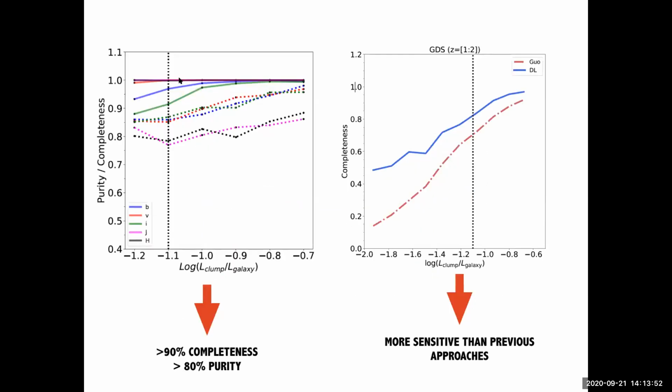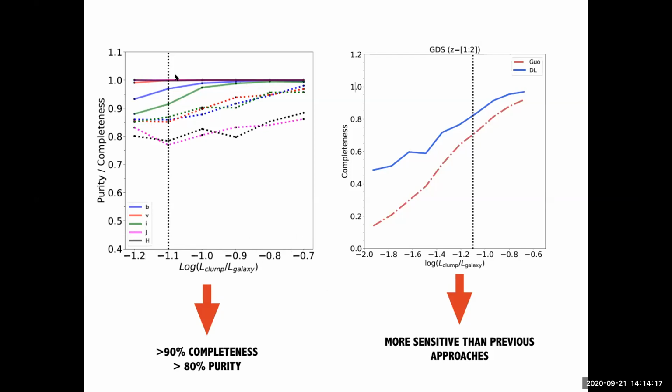Just an example of how we run these on 7 bands. Here I'm only showing 5. You see completeness as a function of the luminosity ratio of the clump, or the contrast of the clump. Faint clumps are here, bright clumps are over here.